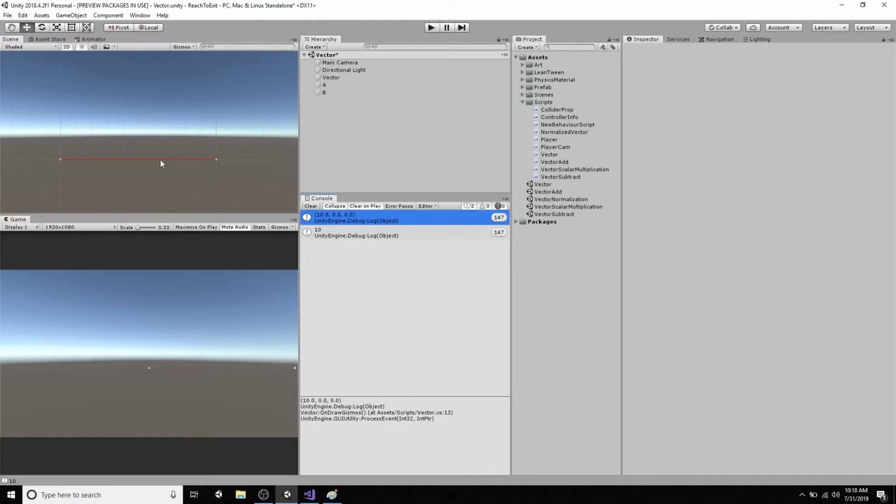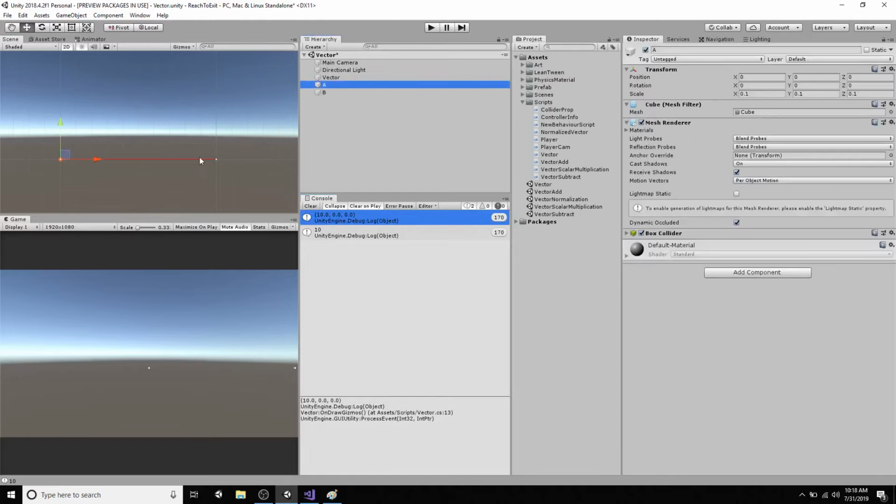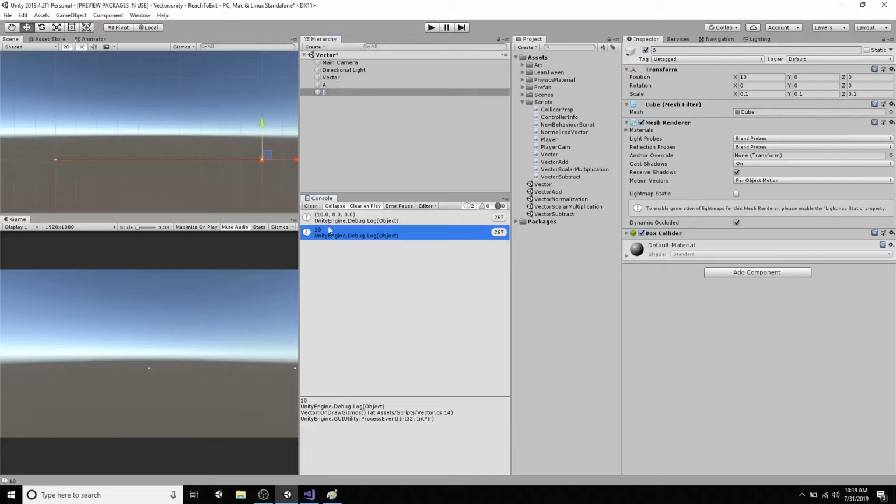It is a straight line along the x-axis. This x-axis and this line are parallel. So we get 10 in x, and in y there is no change, so it is 0, and in z also there is no change, it is 0. So this line is the direction of our vector, and the length of this line is 10.